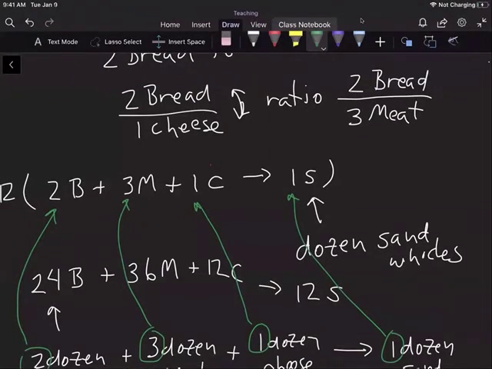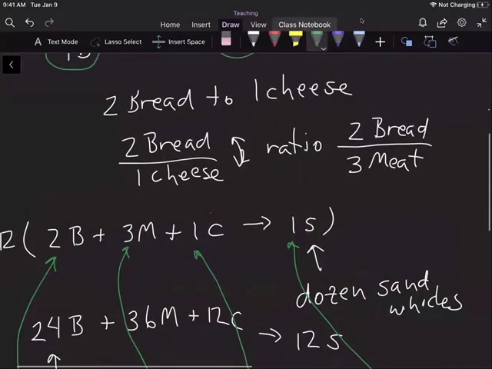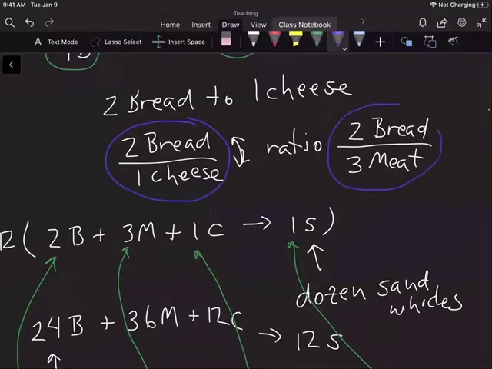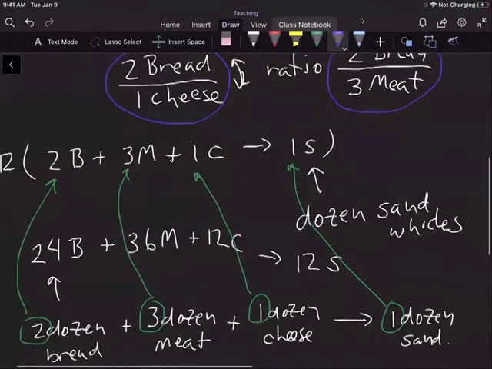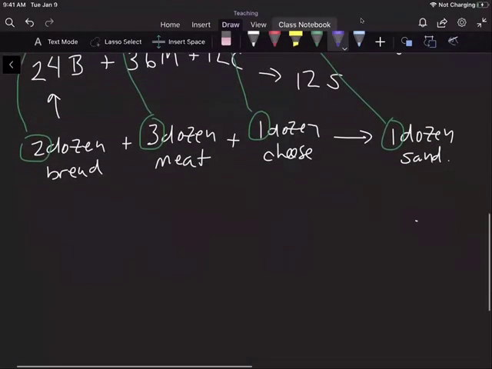So if I have 2 dozen bread, I'm going to need a dozen cheese. Okay, so 2 dozen bread, I need a dozen cheese. For 2 dozen bread, I'm going to need 3 dozen meat. Okay. So the ratio that I'm using doesn't change. The recipe tells me how much I need, and that's what I'm going to use.